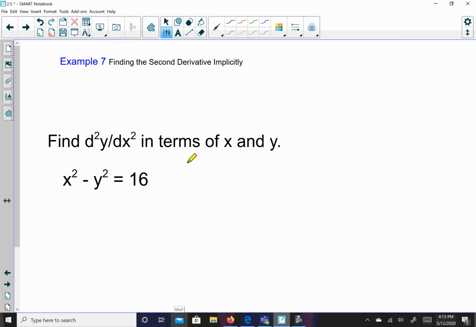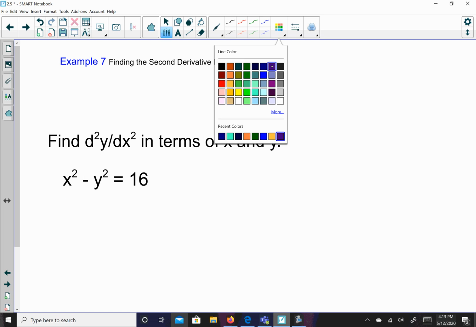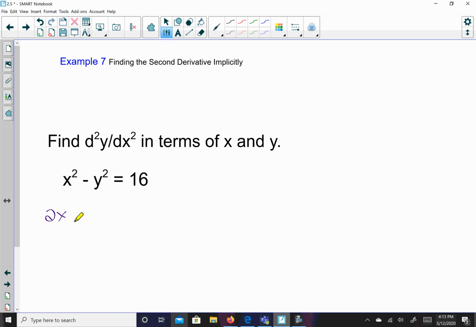Okay, now I want to find the second derivative. And the second derivative, all I have to do is find the first derivative and then take the derivative of the derivative to find the second derivative. So the derivative of x squared is 2x. The derivative of y squared will be minus 2y dy dx. The derivative of 16 is 0.